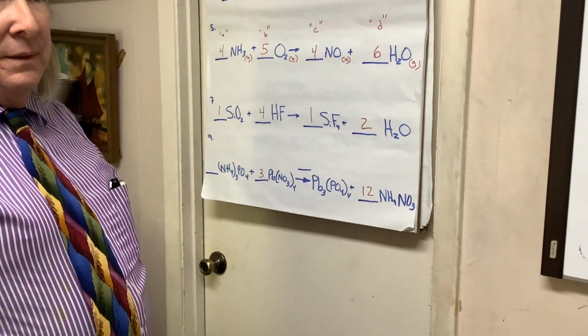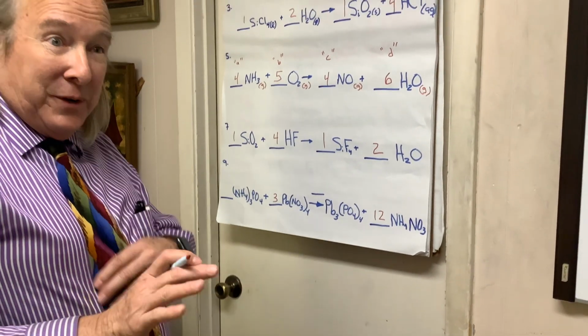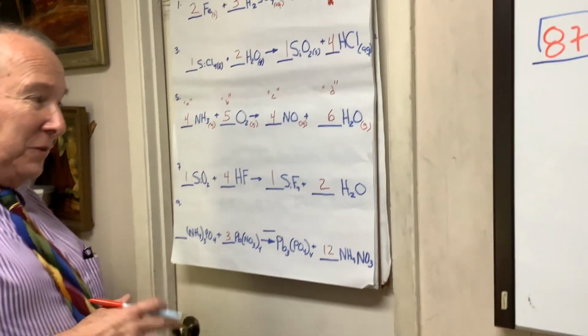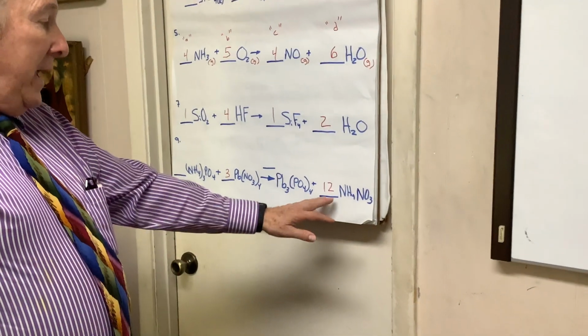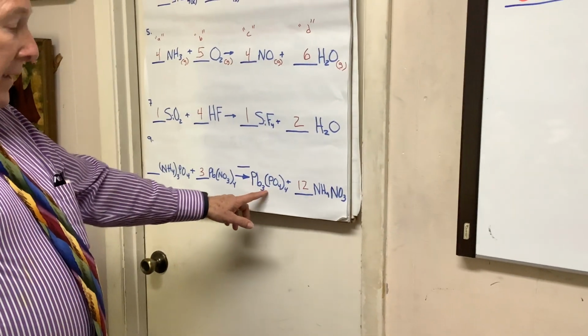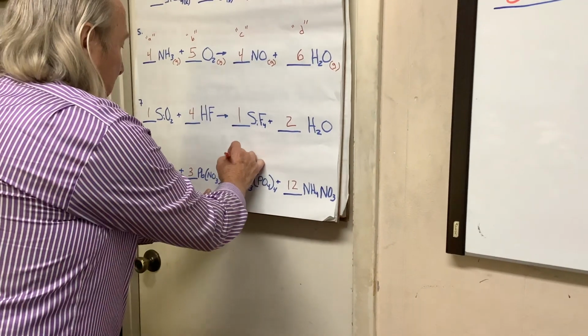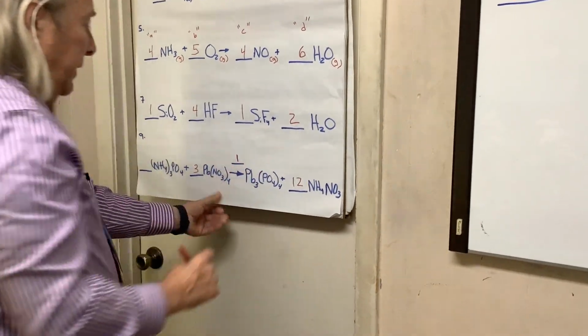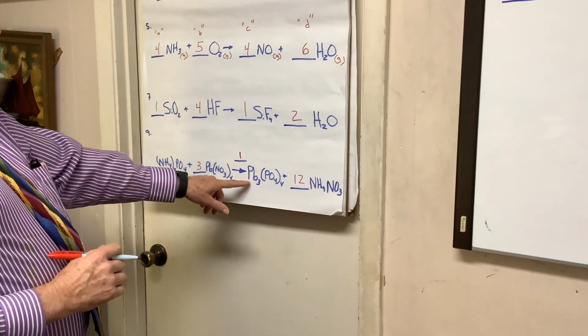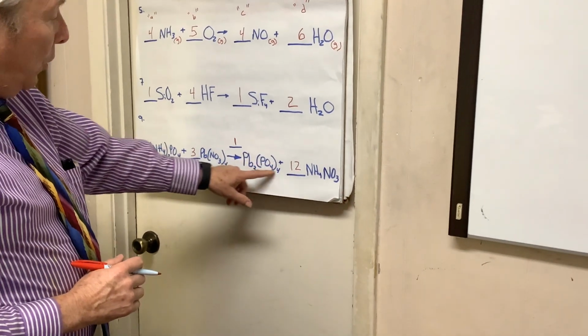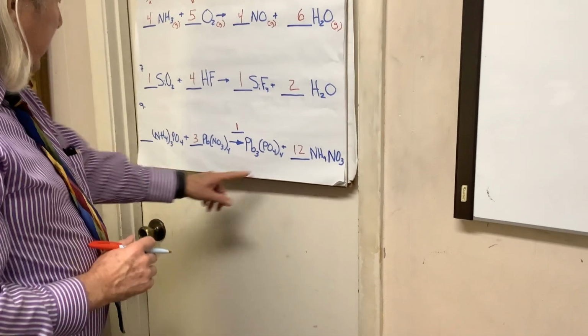Woo. That's a bigger number than I like dealing with in a coefficient, but it's still manageable. And if I do this and make one of these, sorry to put it up there, I forgot to leave a space, then I would have 4 phosphates, right?